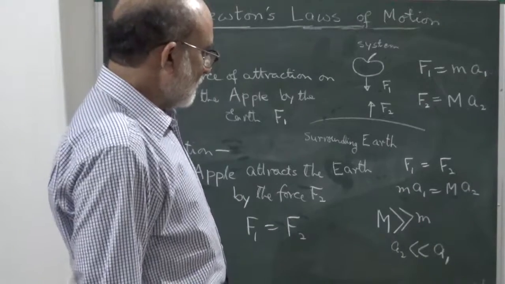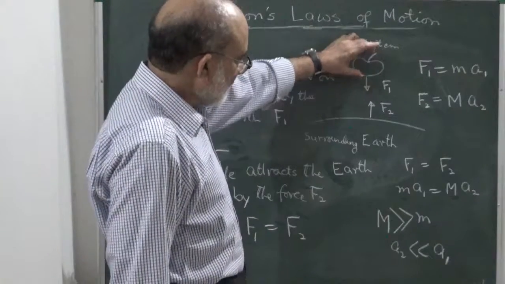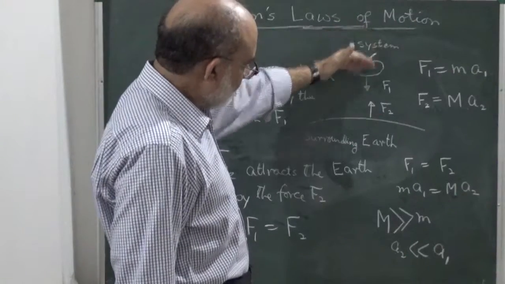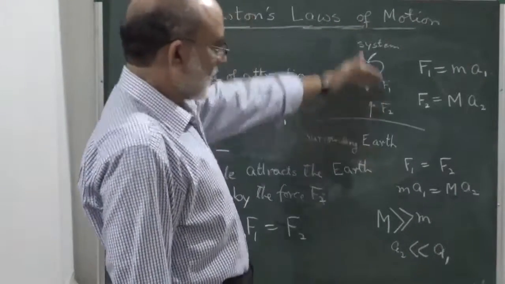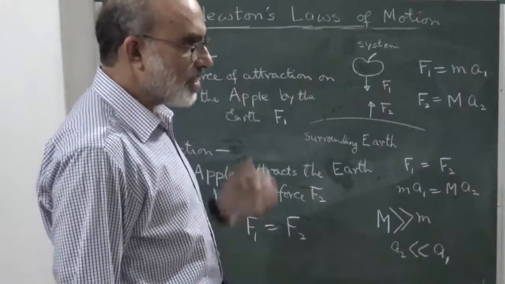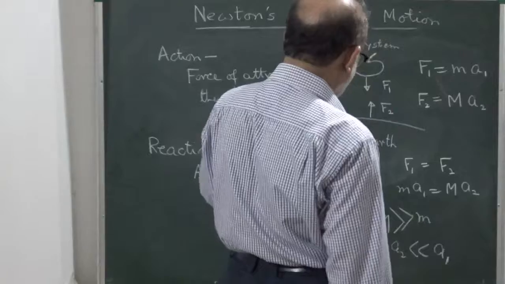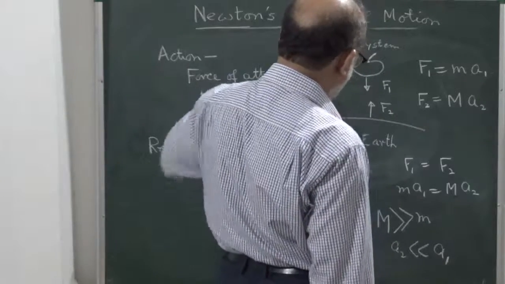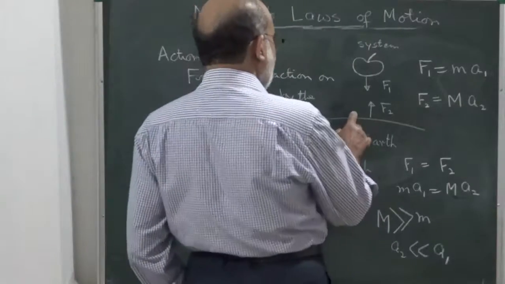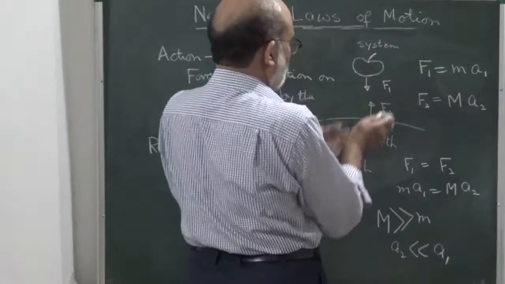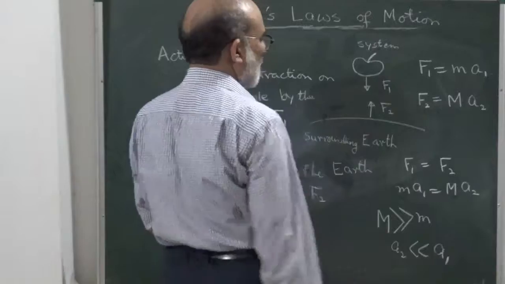So the acceleration of the apple is more prominent than the acceleration of the earth. That's why, since we are sitting on the earth, we don't see the earth's acceleration. We think that the apple is falling down.